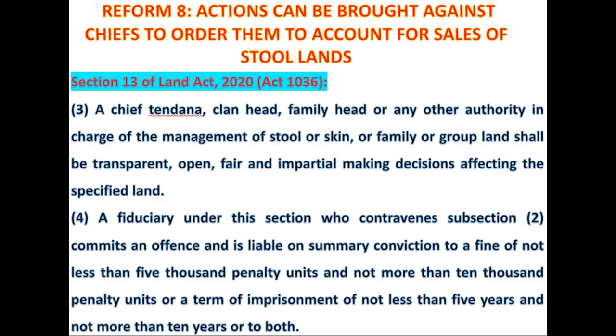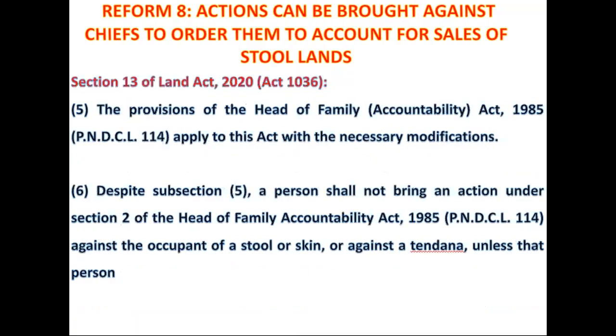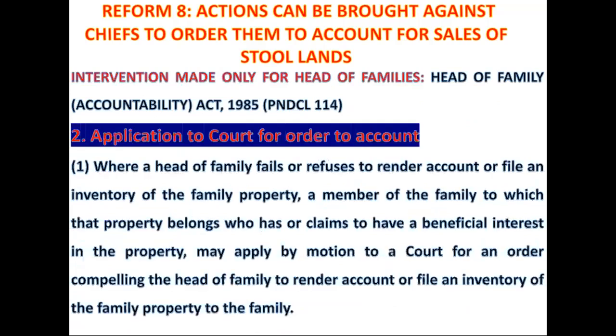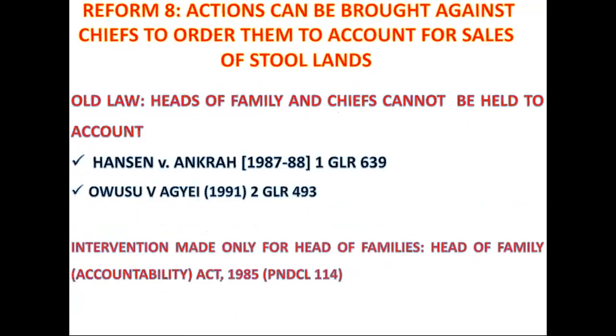And now they have added that the Head of Family Accountability Act shall apply to that act with the necessary modifications. So the reform is that in the days of Hansen and Ankara, Owusu and the J, we knew that actions could not be brought against chiefs to order them to account.